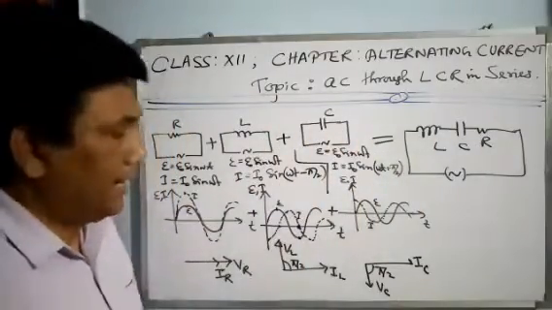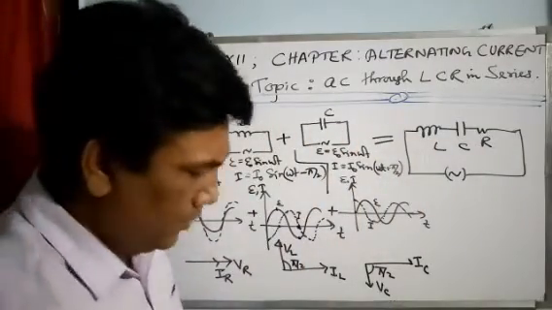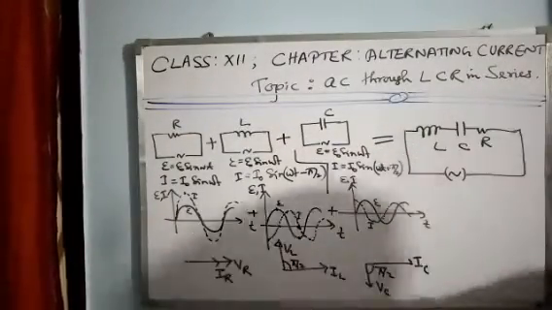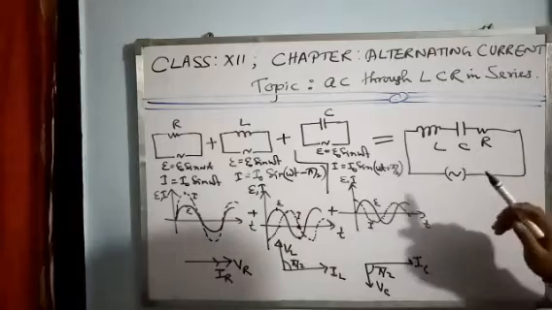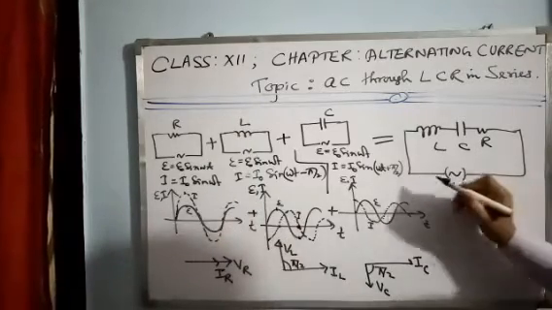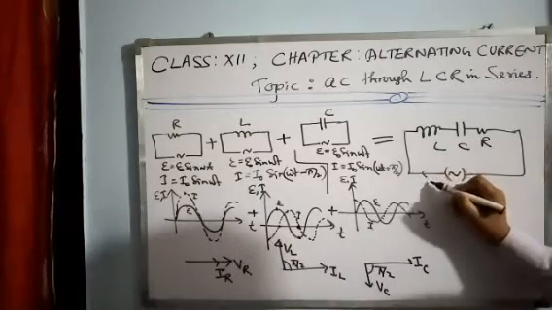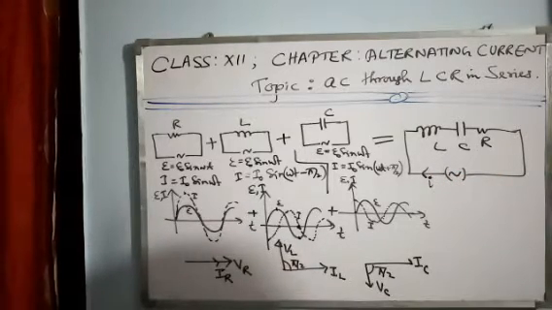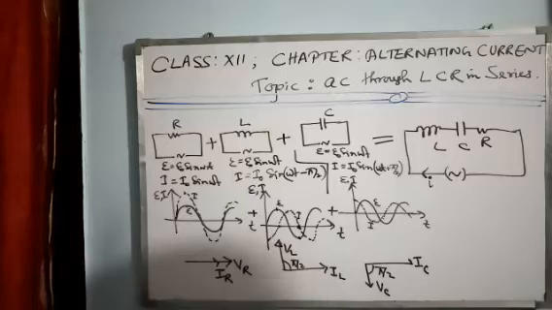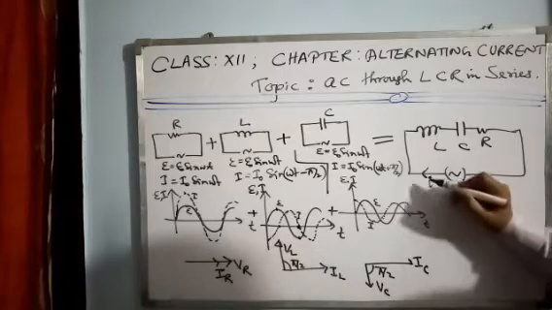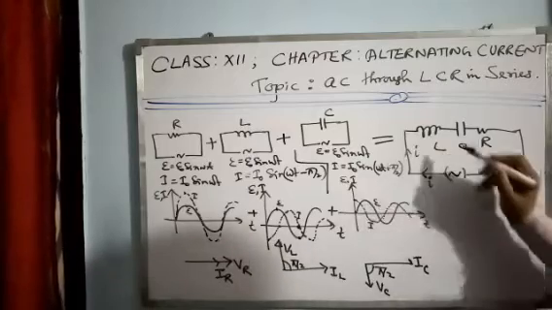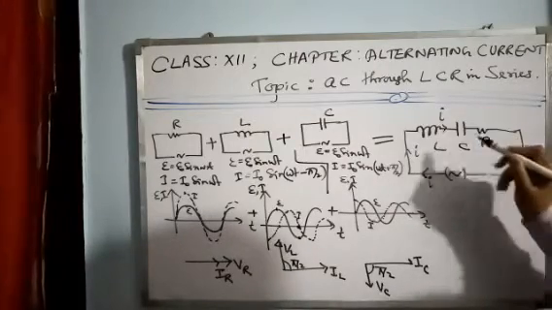Now you see what I am going to explain here. At any moment, say the current in the circuit is I. I don't know whether it is maximum or minimum, but say the current is I. As it is in series, here also the current will be I, and here also the current will be I at that moment.